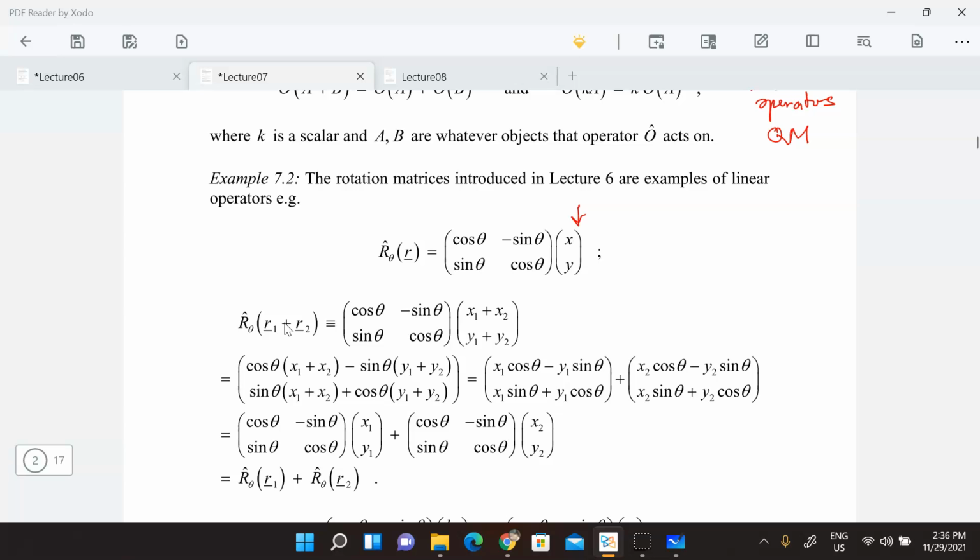Now one could ask, just like your function before, where you have a function f of r, but now instead of making this a function, you have a matrix multiplying the vector. Well, it so happens that this operation of a matrix multiplying the vector is a linear operation.